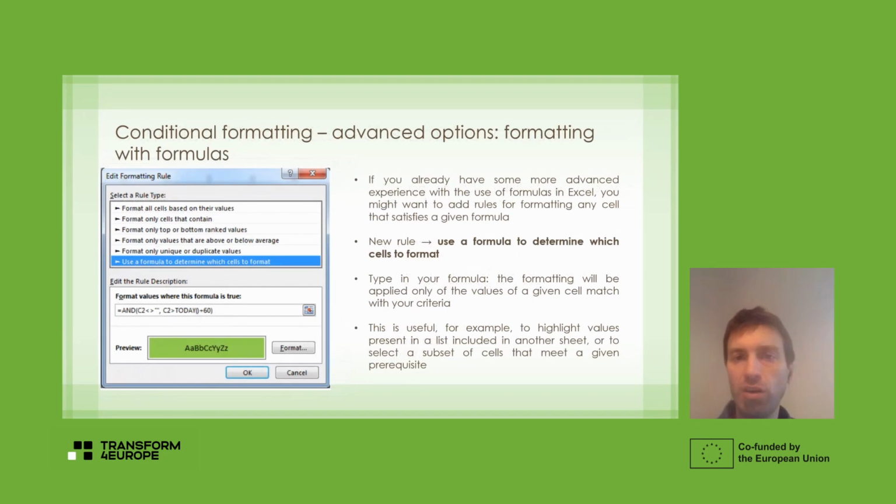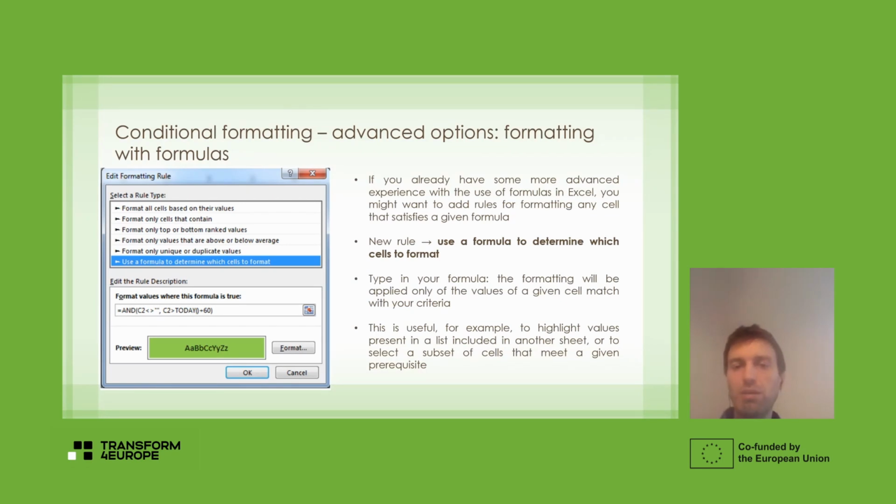Something that you should know for advanced users is that from the edit formatting rule tab, you can also add something much more advanced. So you can apply conditional formatting only to cells that satisfy a given formula.